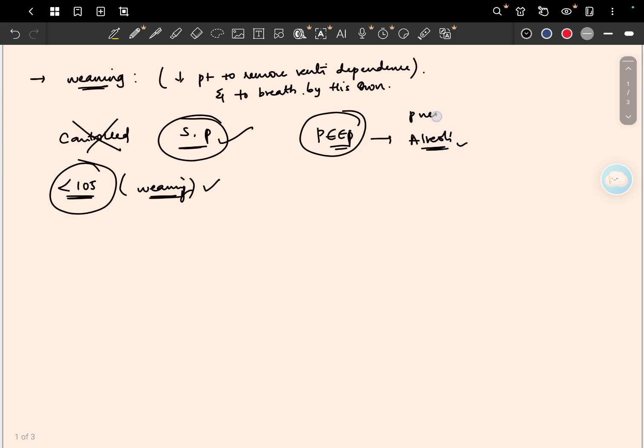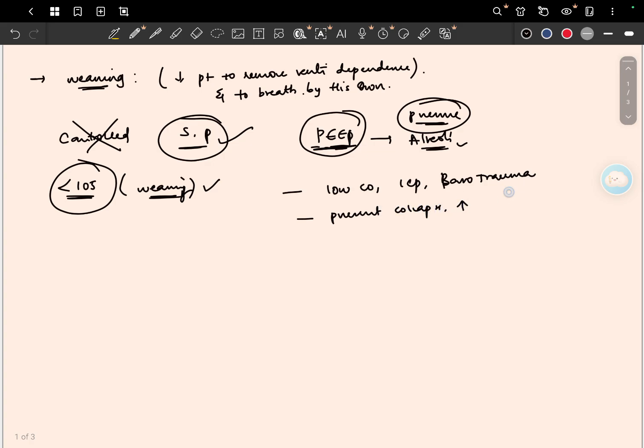It is used to decrease CO, decrease ICP, and avoid barotrauma, and it will also prevent collapse, increase recruitment, and decrease work of breathing.